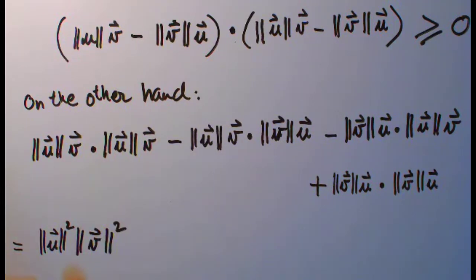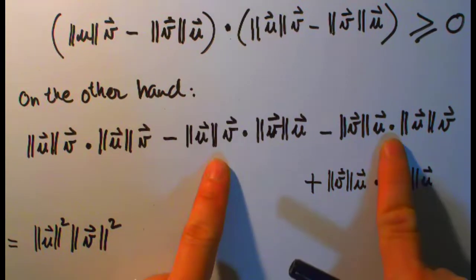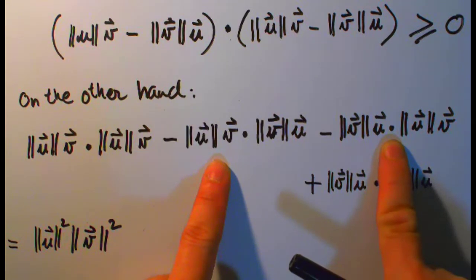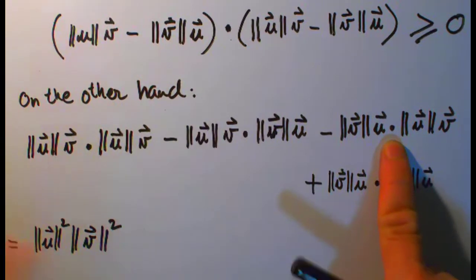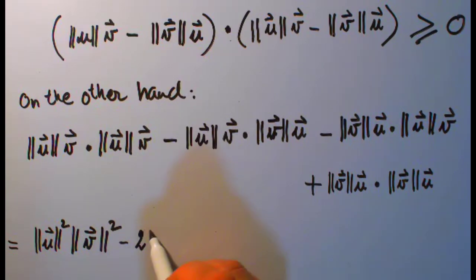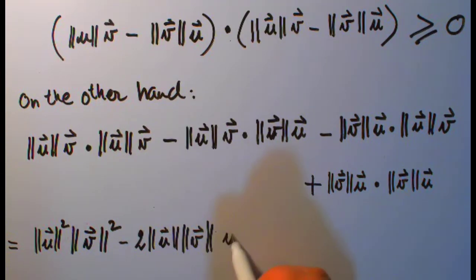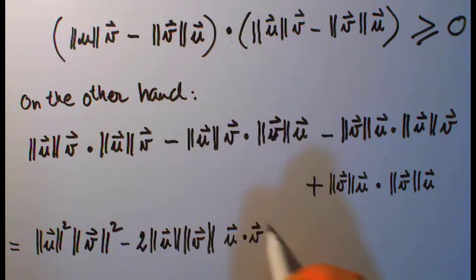The first term becomes length u squared times length v squared. These two terms are actually like terms, and we can combine them into minus 2 times length u times length v times u dot v.